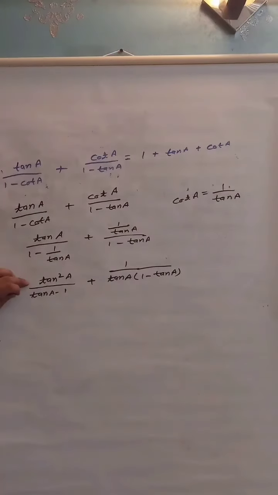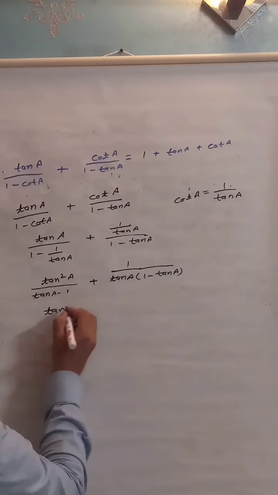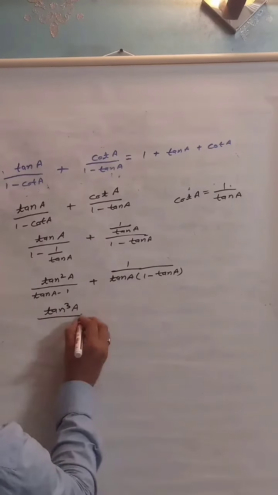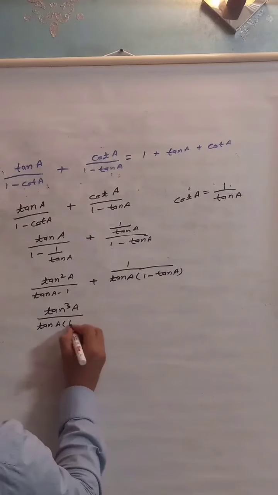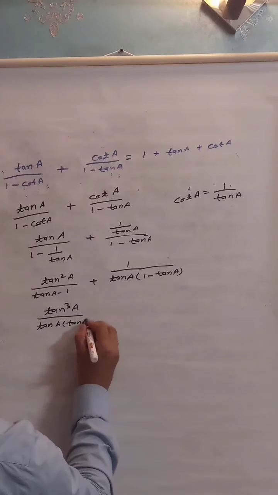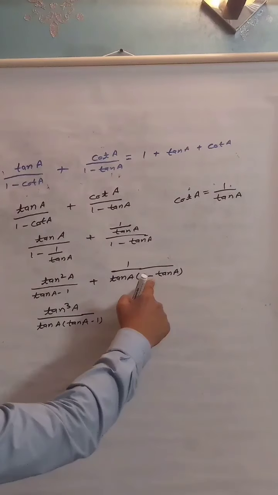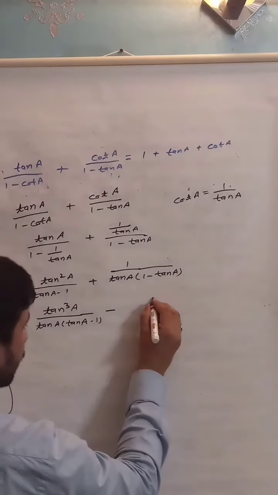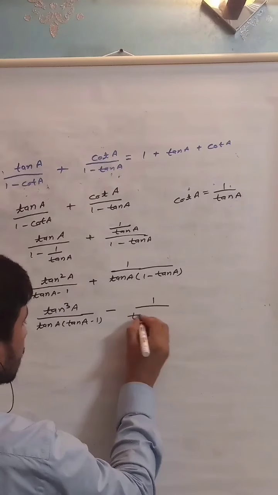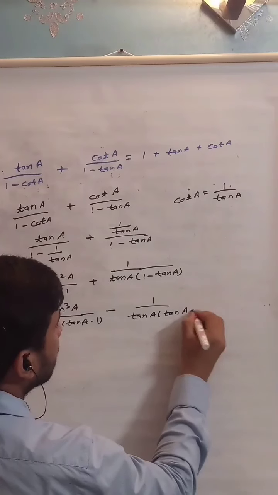Now multiplying tan A in numerator and denominator of the first part, we have tan cube A upon tan A minus 1. We can take minus outside, plus into minus is equal to minus, then we have minus 1 upon tan A into tan A minus 1.